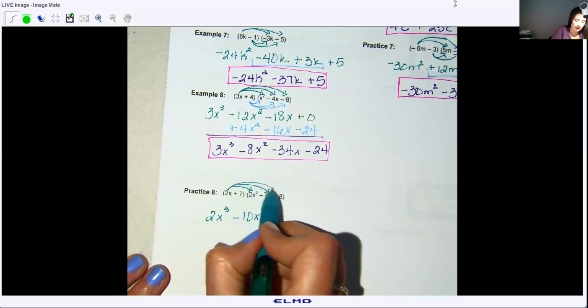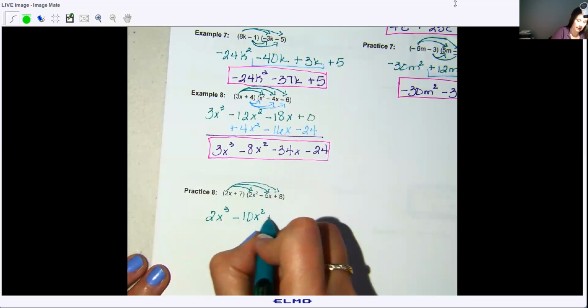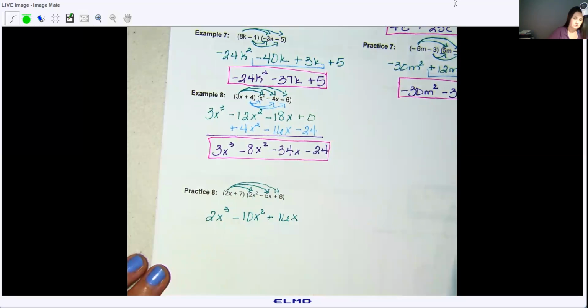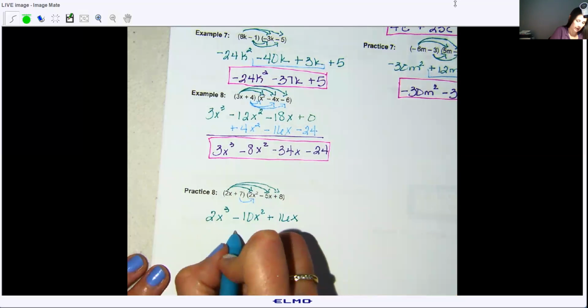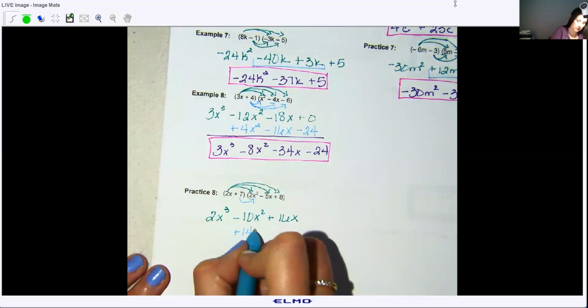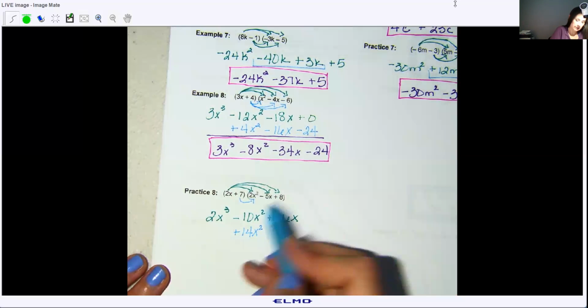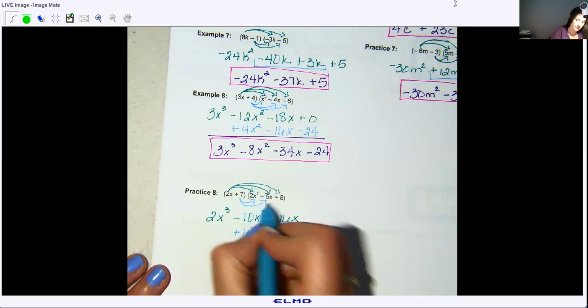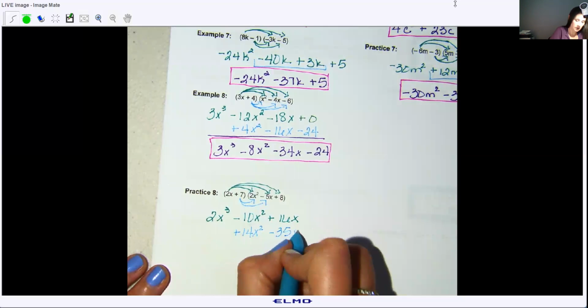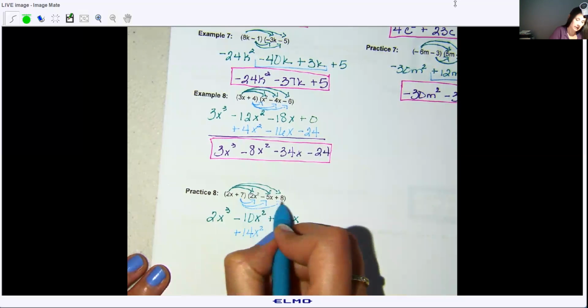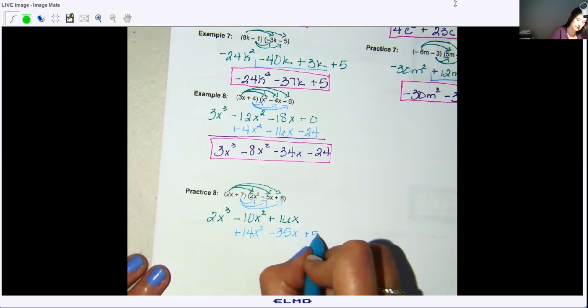And 2x times 8 gives me a 16x. Okay. 7 times 2x squared gives me a positive 14x squared. 7 times a negative 5x gives me a negative 35x. And 7 times 8 gives me a positive 56.